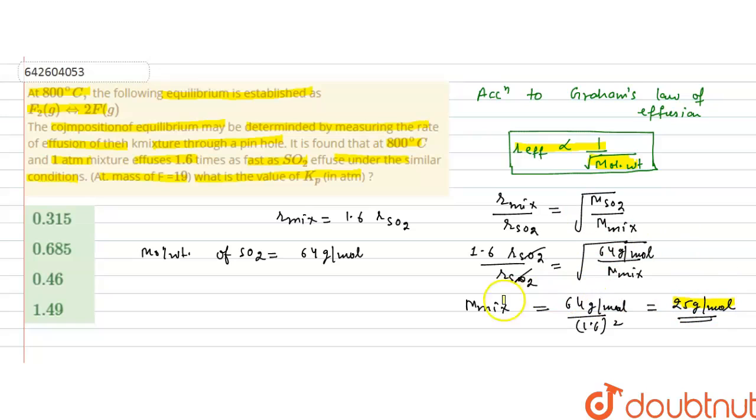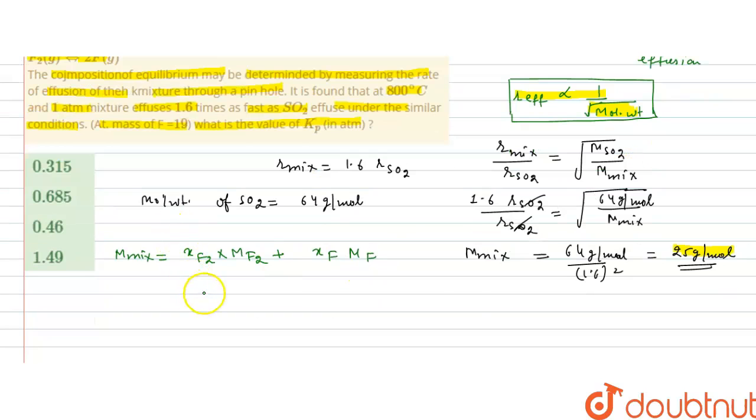The molecular mass of the mixture will be equal to the mole fraction of fluorine, F2, into its molecular weight, plus the mole fraction of the fluorine atom, F, into the atomic weight of the fluorine atom.